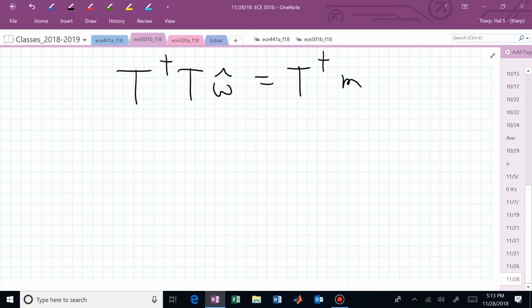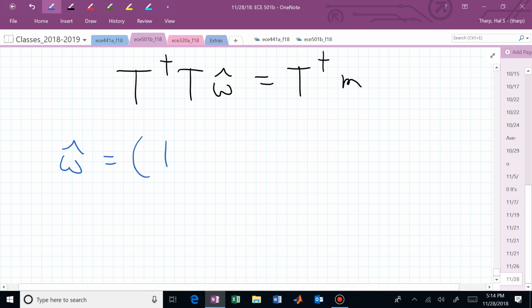We would operate on both sides with T dagger T's inverse, and now we have a way of writing W hat. Pardon? How do we know it's positive? That's a final exam question, isn't it? That's what we've been just discussing, that T dagger T is a positive or non-negative operator. So go back a few lectures and I think it's in there, isn't it? Yeah, so T dagger T is a non-negative or positive operator.